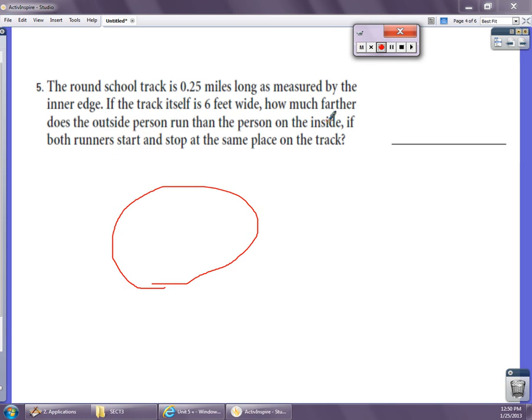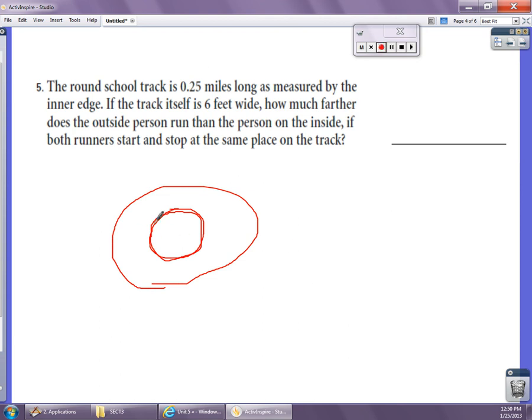All right, so here is the next question. You're going to notice that as soon as I read the round school track is 0.25 miles long, I drew a ridiculously bad circle. But let's pretend that when you think of a track, you know that it has, this is like the inside, and this is where you run, right around here. And it says the inner edge. That means if you're running right along the inner edge, right around here, it's going to be 0.25 miles long.